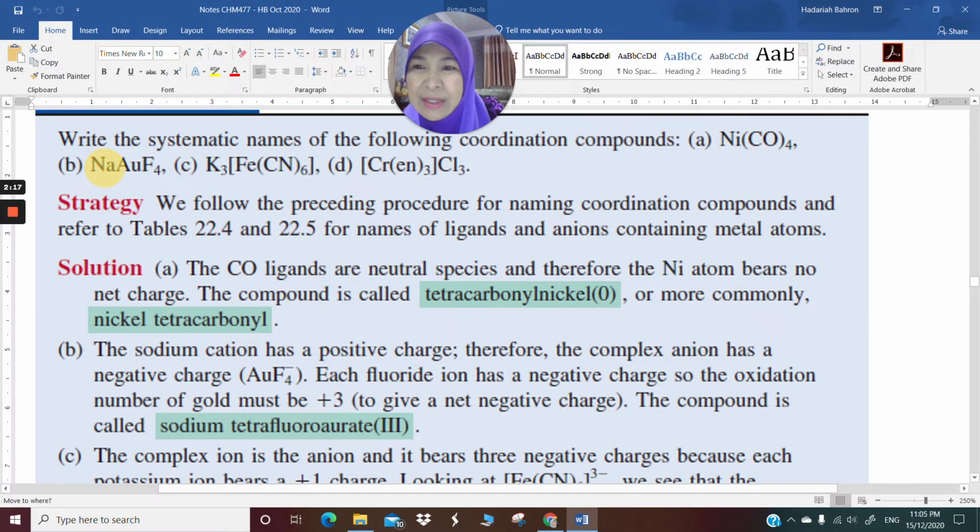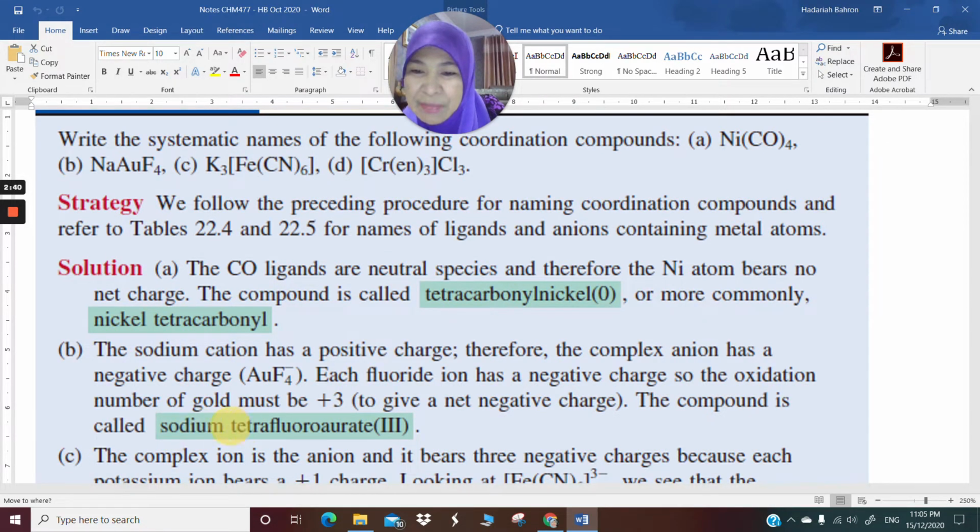So 1 plus 3 minus 4 equals 0. So aurum, or the gold, has a charge of +3. So it is sodium, space. Sodium is the cation, so you name the sodium first. Sodium space tetrafluoroaurate(III). Yeah, there you go.